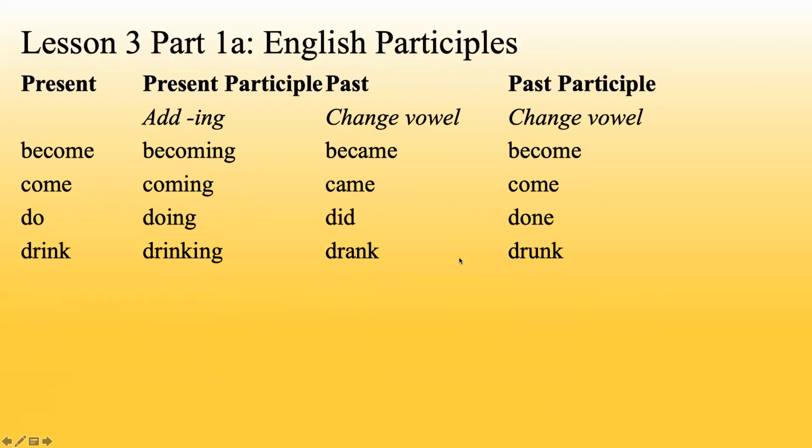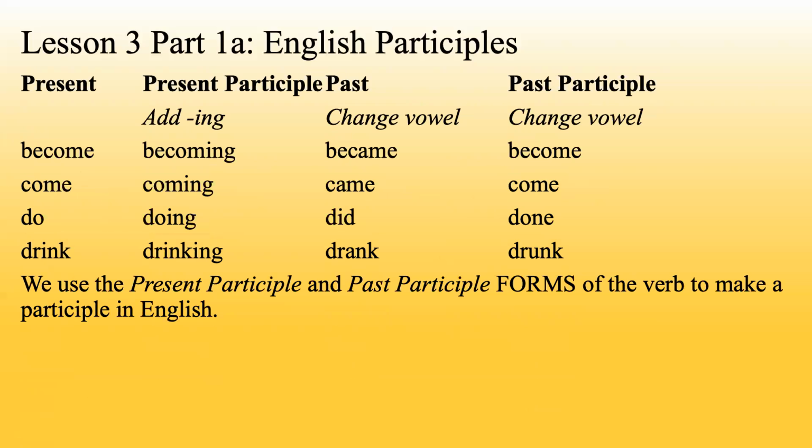Then there are some where there is a vowel change in there. So become, becoming, became, become, which actually comes all the way back to what the present form was. Come, coming, came, come, same thing. Do, doing, did, done. Those are all different. Drink, drinking, drank, drunk. And that one's very different as well. And there are plenty more of these that you could probably think of.